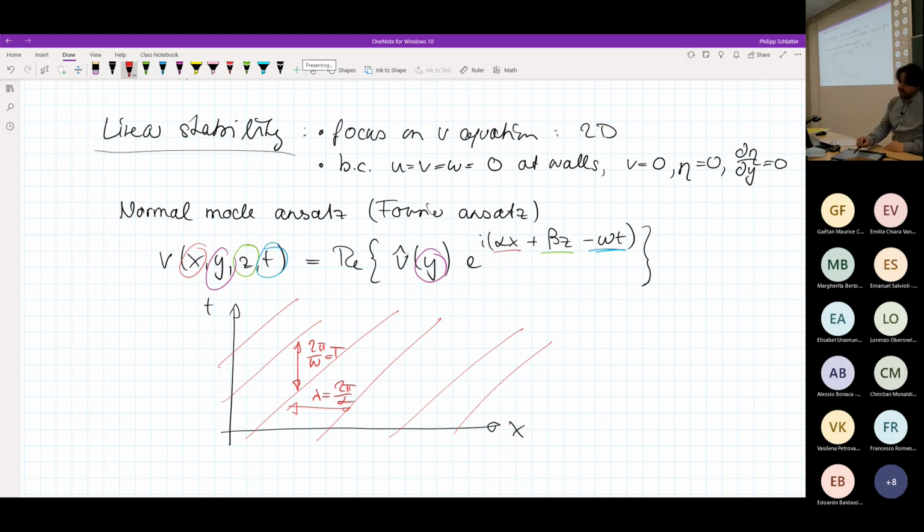And if I'm having it now with a minus sign, so alpha x minus omega t, it would correspond to waves that are in this way. Otherwise, they would be switched.